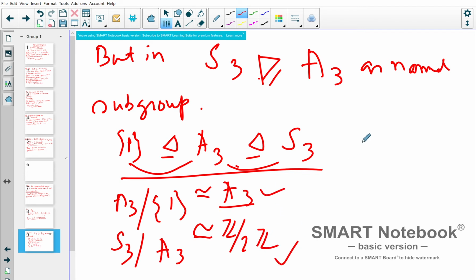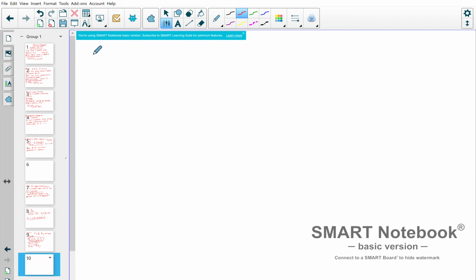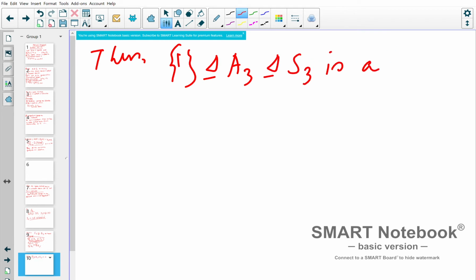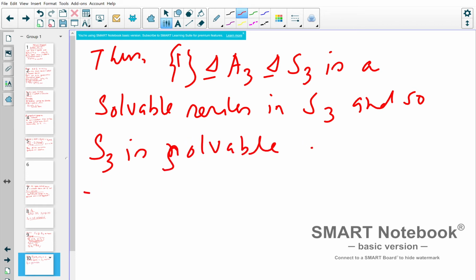So identity, A3, S3 is a solvable series in S3, and so S3 is solvable.